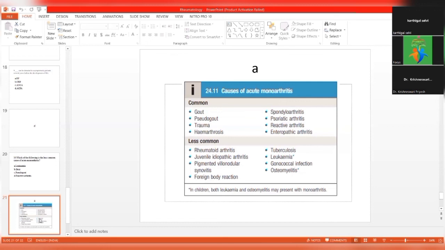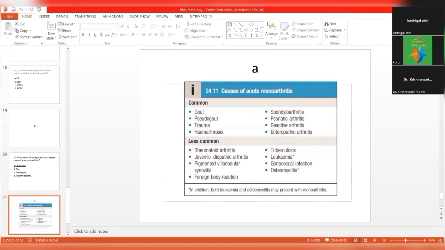So you study the common causes. When you know about the common causes of acute monoarthritis, it is easy to identify the less common causes. You understand? For the common causes, just understand gout, pseudogout, trauma, and identify the pathology also.